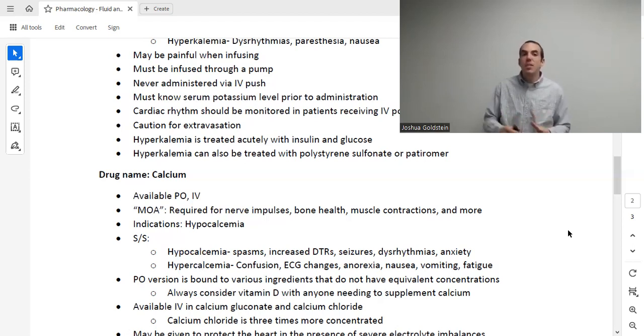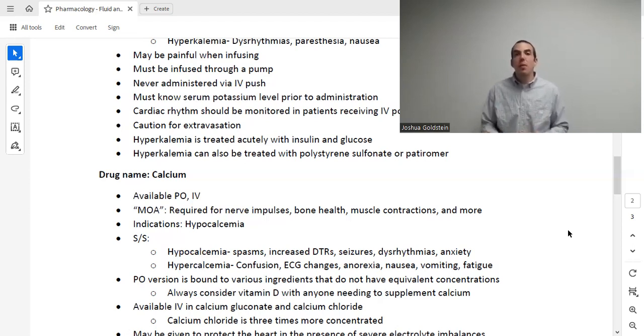Keep in mind, pretty much anytime you get an extreme electrolyte imbalance, it can cause ECG changes. Calcium is best known for muscle contraction, so hypo is going to have that increased muscle spasm, things like that. Hyper can have other symptoms like fatigue, weakness, ECG changes, things like that. The PO version comes bound to various different ingredients.